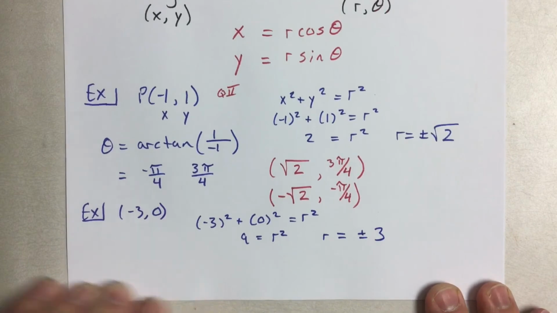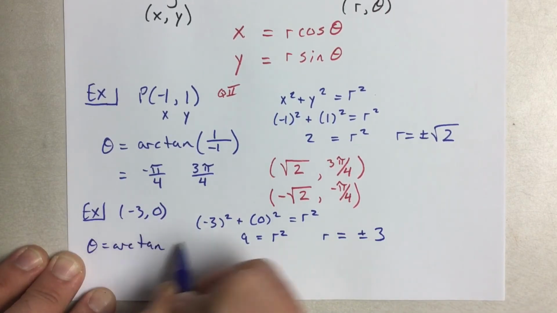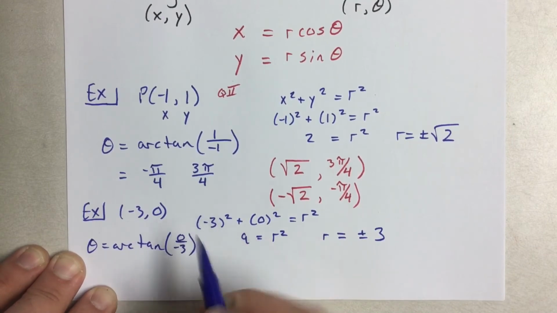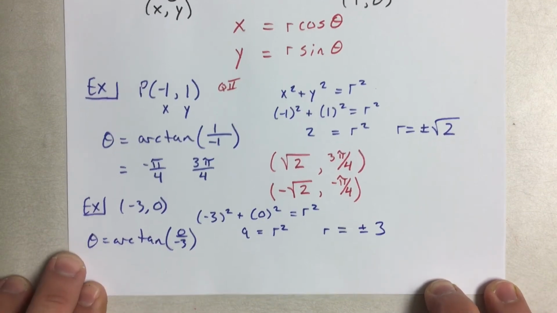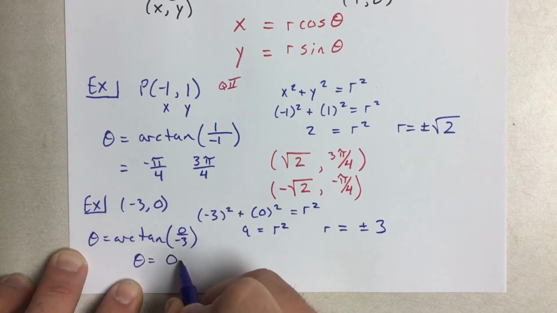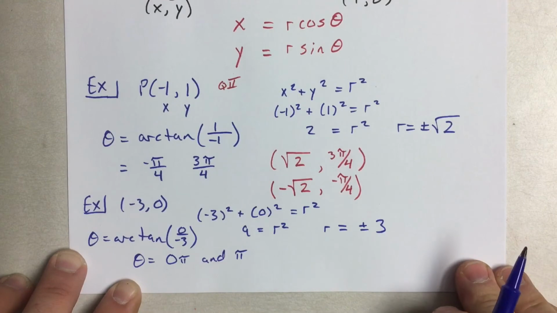Fair enough. And then our theta, the arctangent of y, 0, over negative 3. So the arctangent of 0, because that's what this comes out to be, the arctangent of 0 is 0 pi and 1 pi. Okay, so that's the thing of our coordinates.